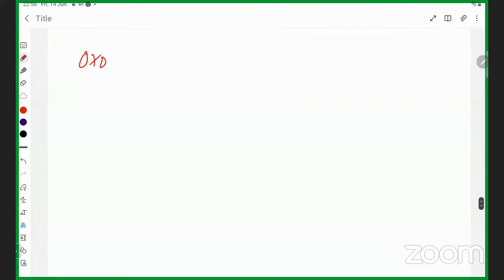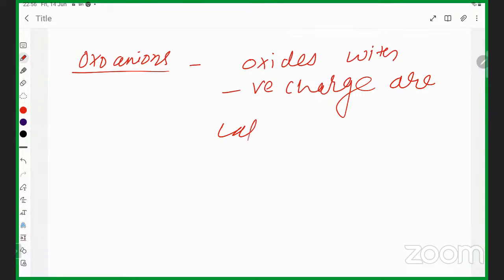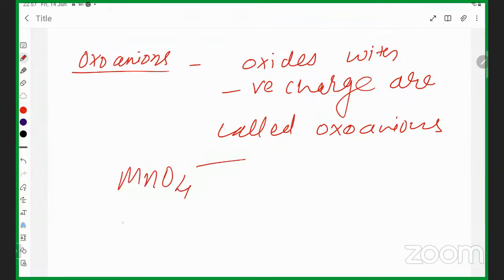Oxoanions. What are the oxoanions? Oxides with negative charge are called oxoanions. Like MnO4 minus, this is the oxoanion.